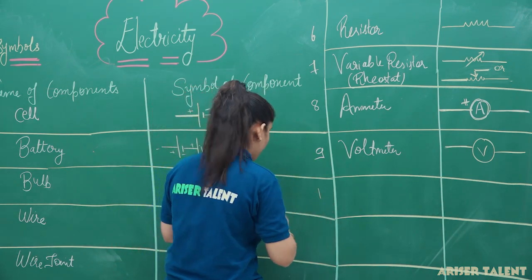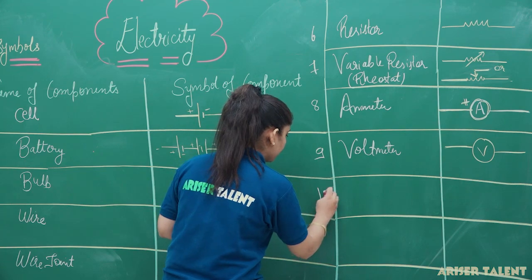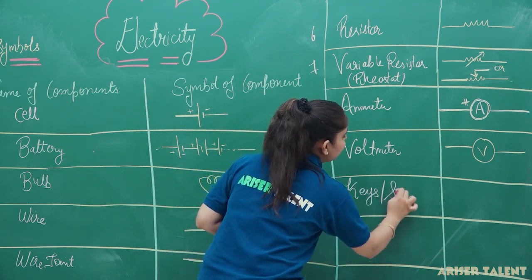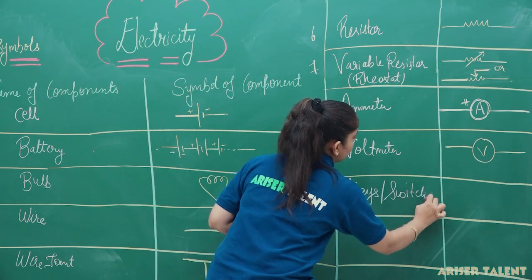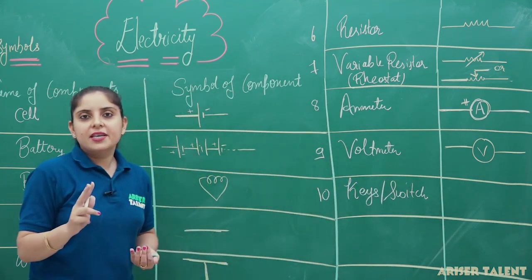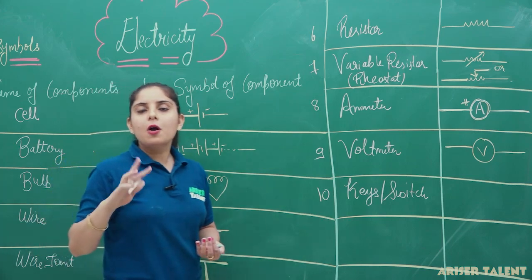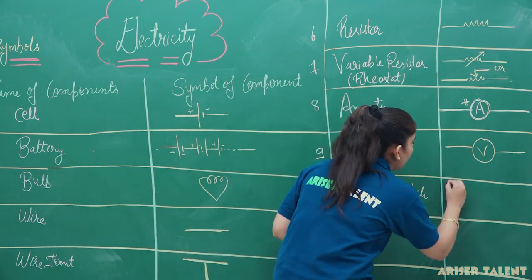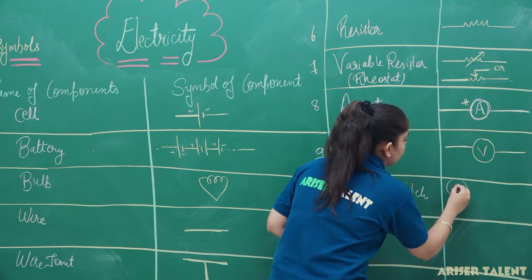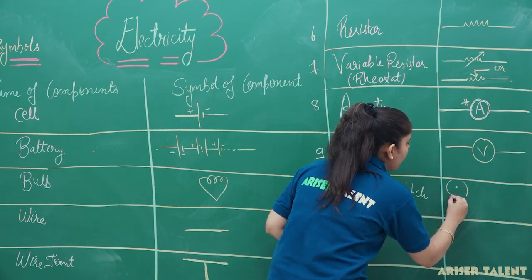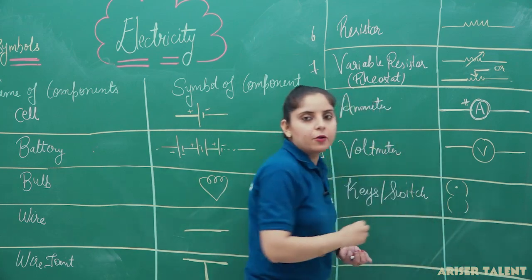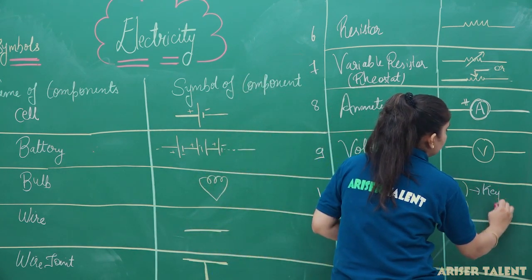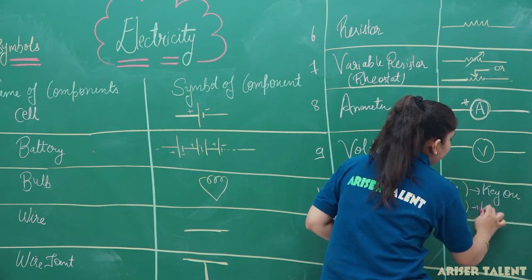So our 10th component is the key, or we can say the switch. We have two conditions here: when the switch is on and when the switch is off. If the switch is on, we will press the key, and if the switch is off, we will draw it like this. So this is our key on and this is our key off.